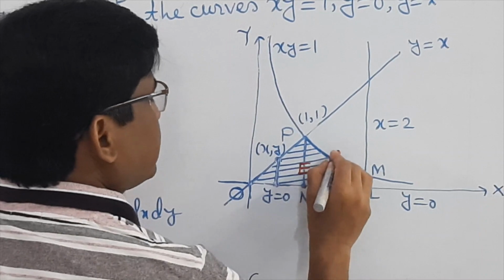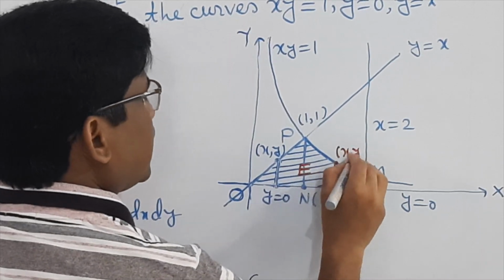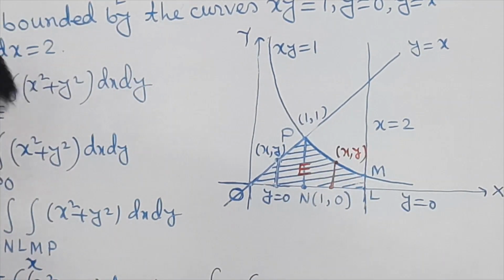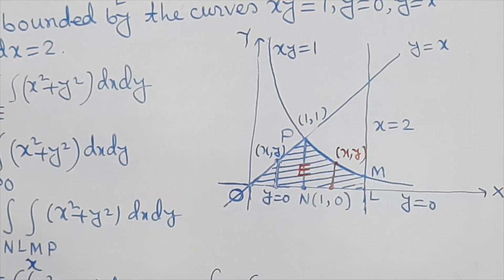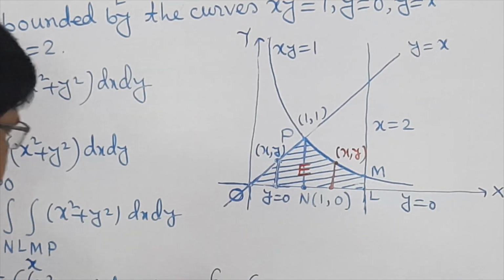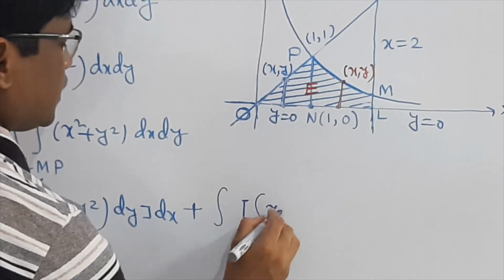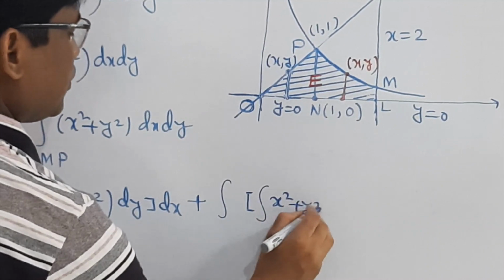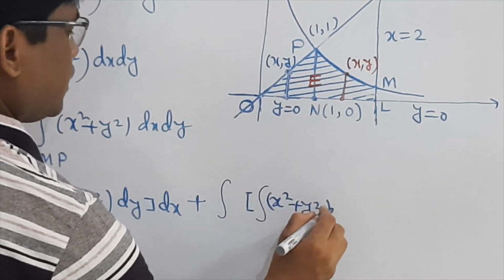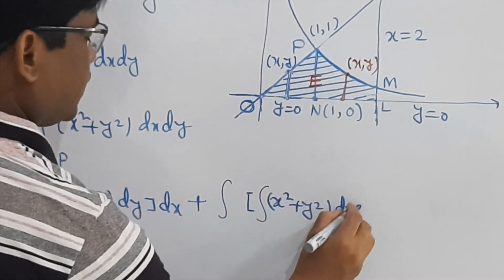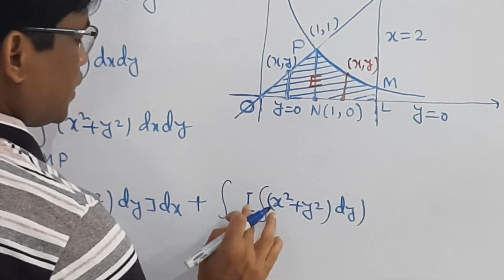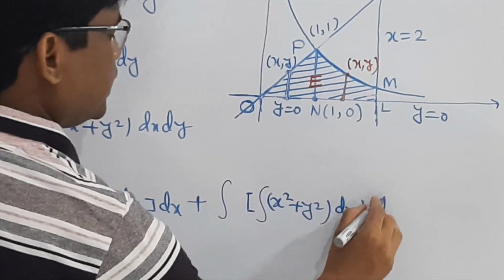The point (x, y) lies on the curve xy is equal to 1, and hence we write x square plus y square dy dx.